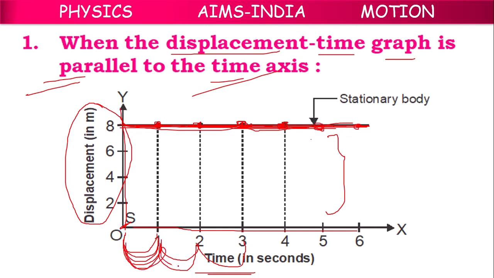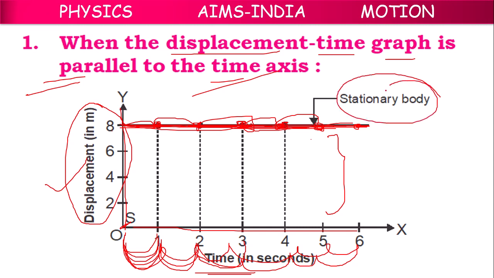Means the x value is changing, the time is passing on, whereas the displacement is constant. Though the time passes, there is no change in the displacement, then we can call that type of motion as stationary motion, and that body as stationary body.